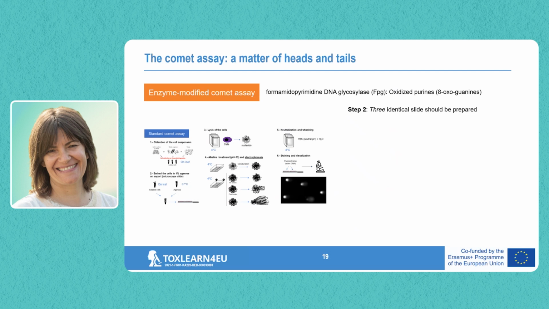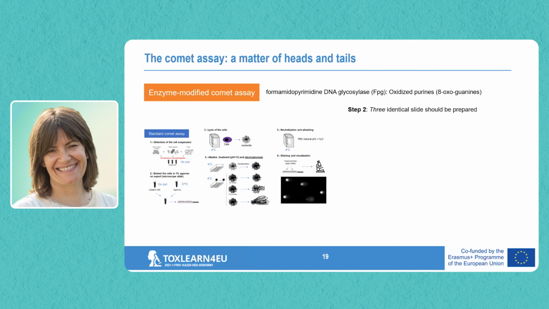When we are going to do the enzyme-modified Comet Assay, I'm going to specifically explain the FPG-modified Comet Assay. We are going to use the enzyme formamidopyrimidine DNA glycosylase to detect oxidized purines, mainly 8-oxoguanine. So these are bases that are oxidized.